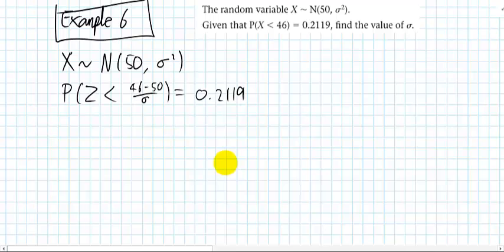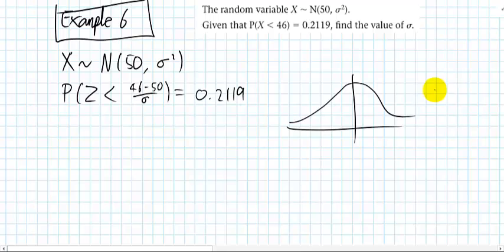Let's first sketch the graph. It is z being less than a certain number, so the area is going to come from the left, but the probability is only 20%, so let's just say up to here. So this z value is a negative number.